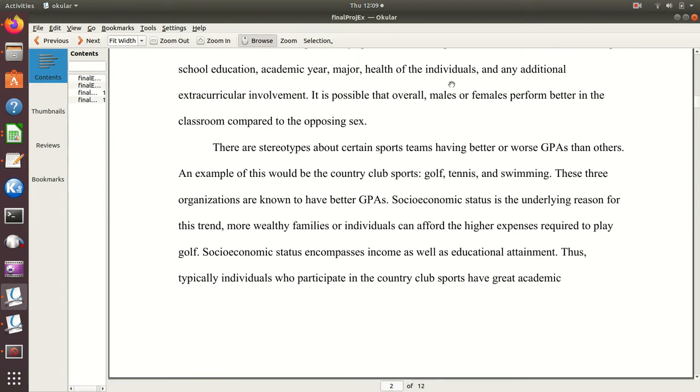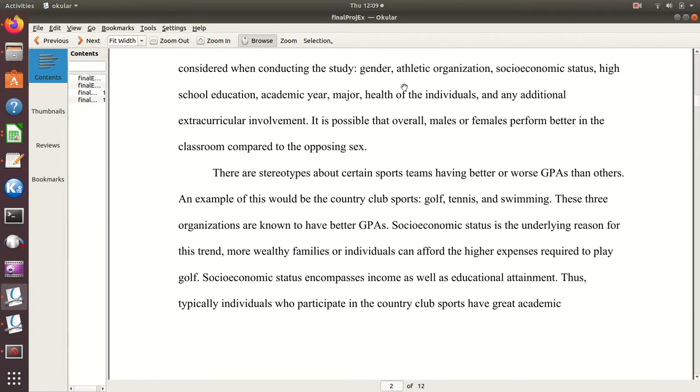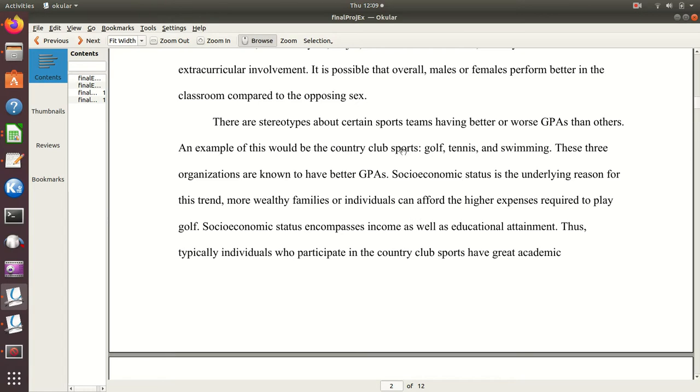Socioeconomic status. You see they're just going through these different pieces. They mention the variables, and then they take a moment to talk about each one. I think the females part was fine. I think they needed to say a little more here than these two sentences, and they definitely needed a reference. Up here, they could have used a reference too.